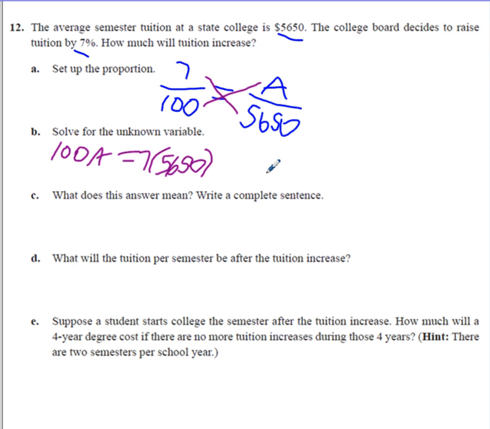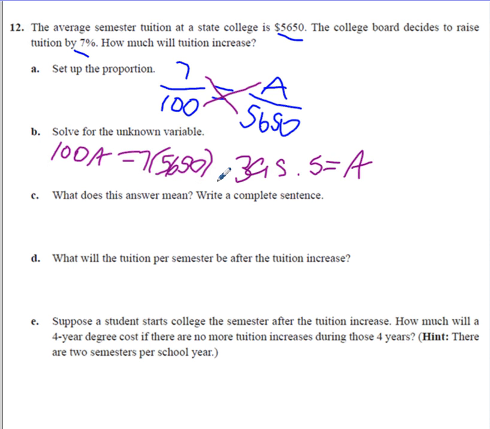So again, 7 times 5,650, that answer divided by 100 will give us our answer. And that answer is 395.5 equals A.